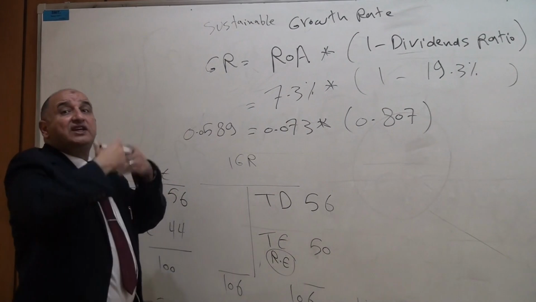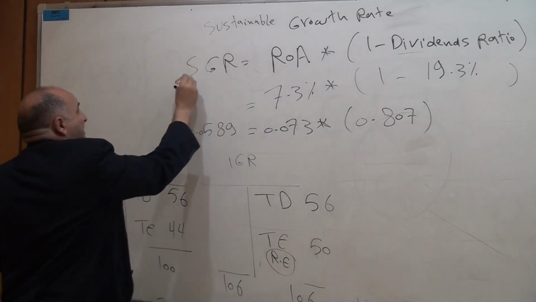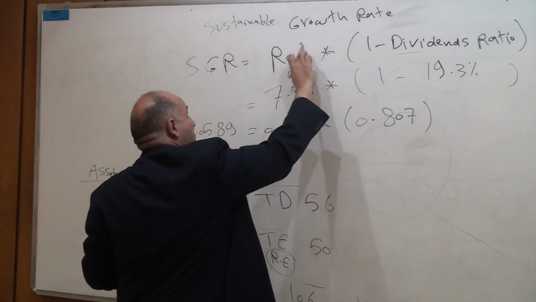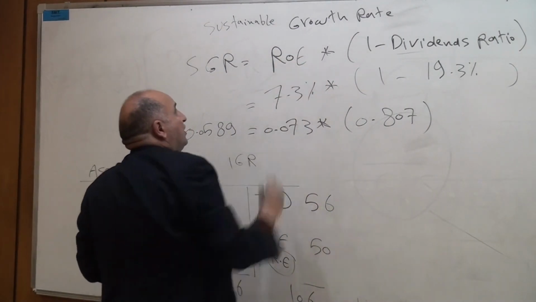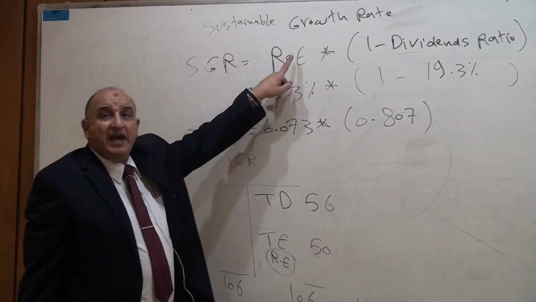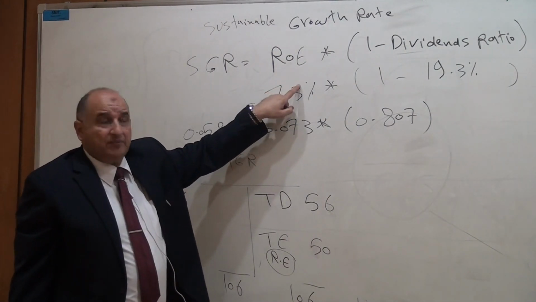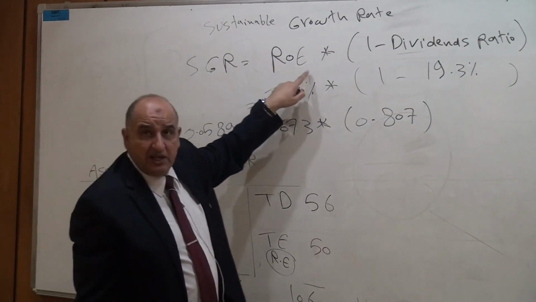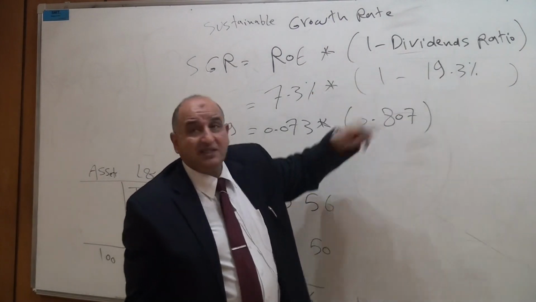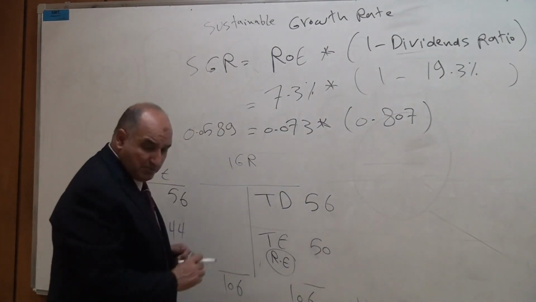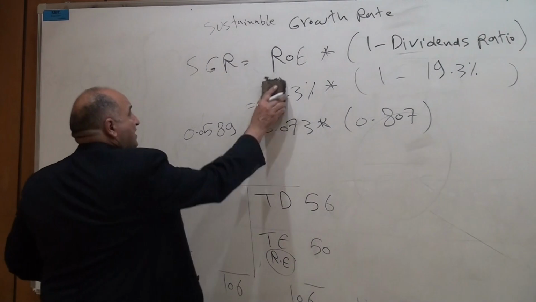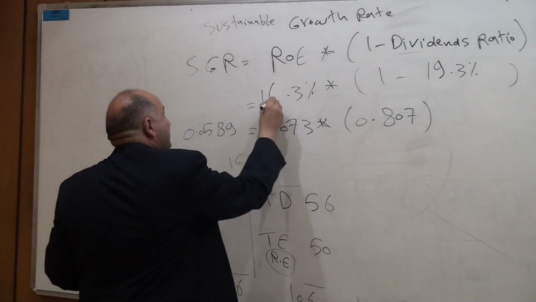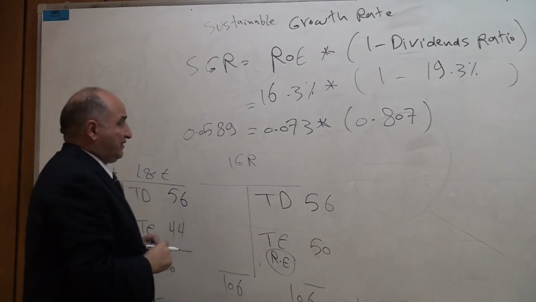Sustainable growth rate. The only change in this equation is that instead of ROA, it will be ROE. So sustainable growth rate equals ROE multiplied by 1 minus the dividends ratio. Remember, the ROE we have was 16.3%.